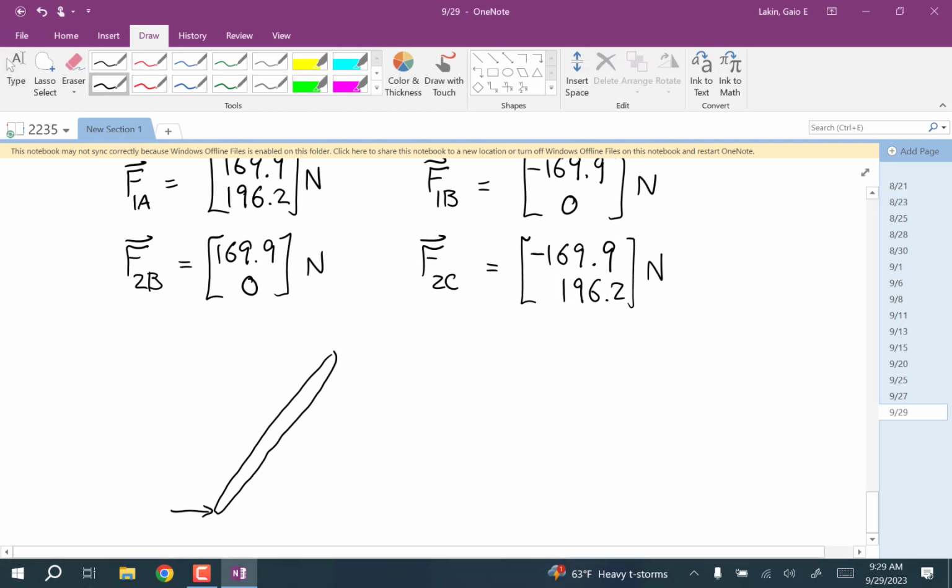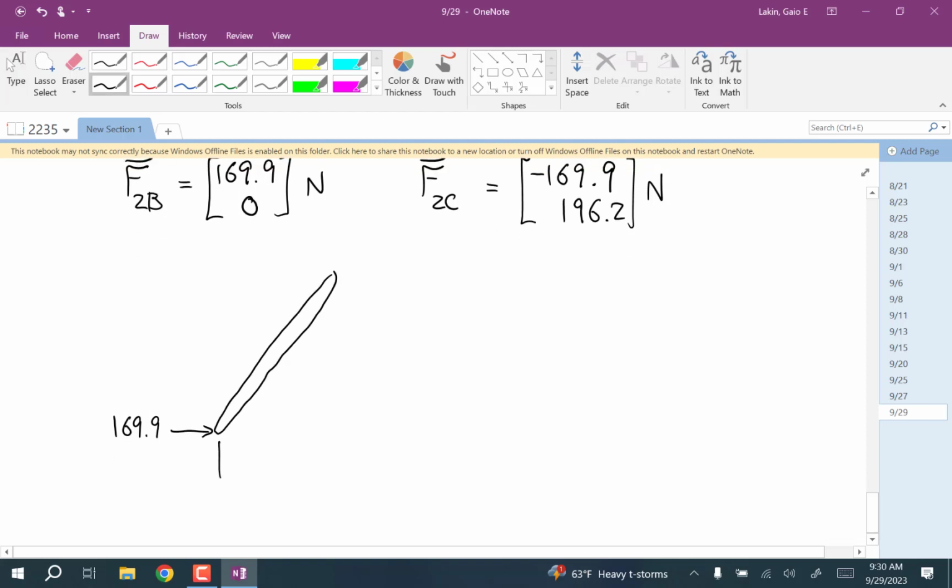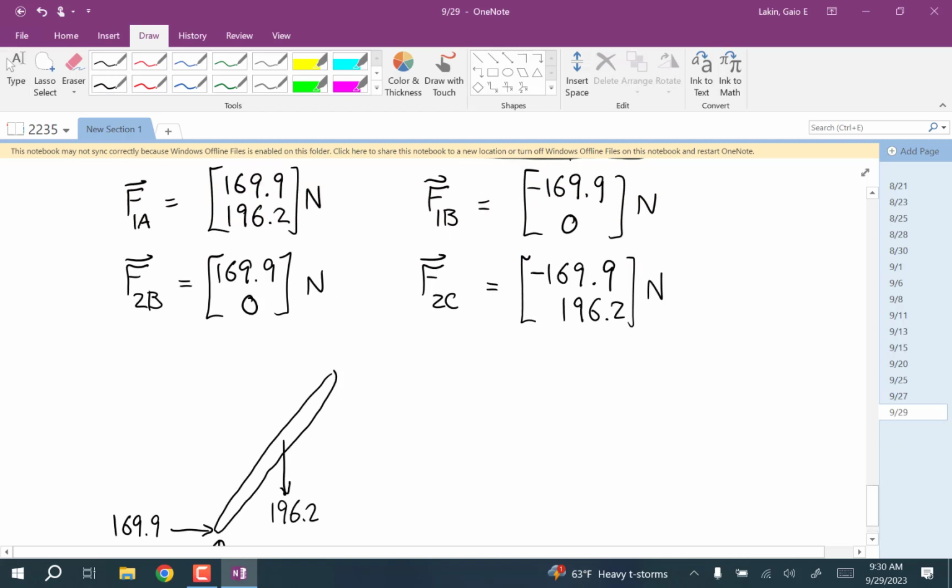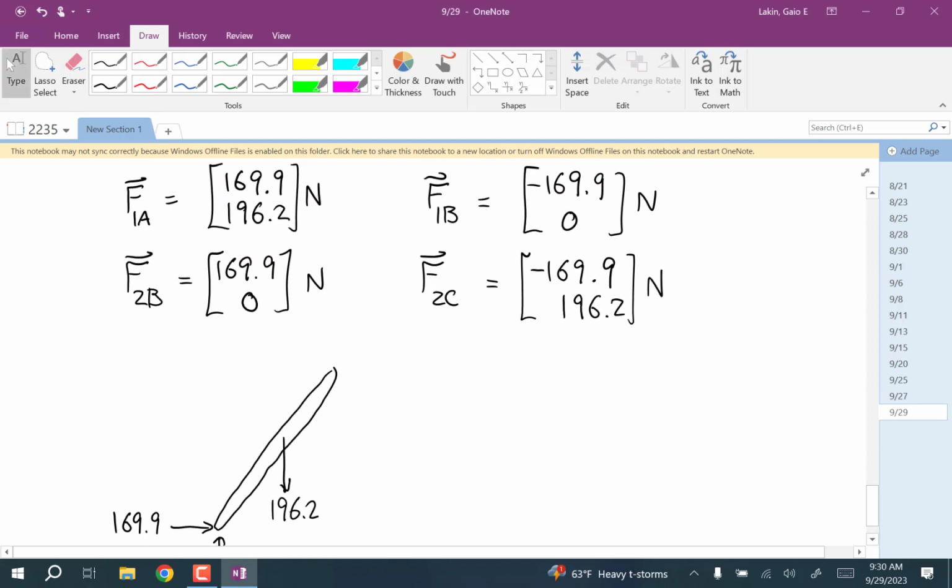So we have a force this way of 169.9 and an upward force of 196.2. A weight force of 196.2. And a force in the negative x direction of 169.9.